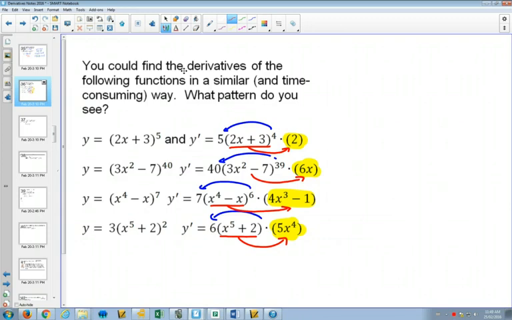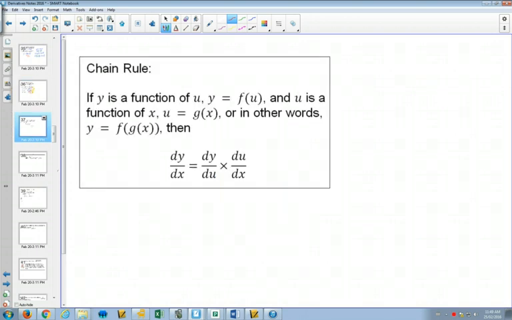So then a mathematician would actually go and try to prove this in a general way, that no matter what function you use, this always happens, and then it becomes a rule. What we do in this class is we skip that theoretical step of proving it for all things and just go to what the chain rule is.